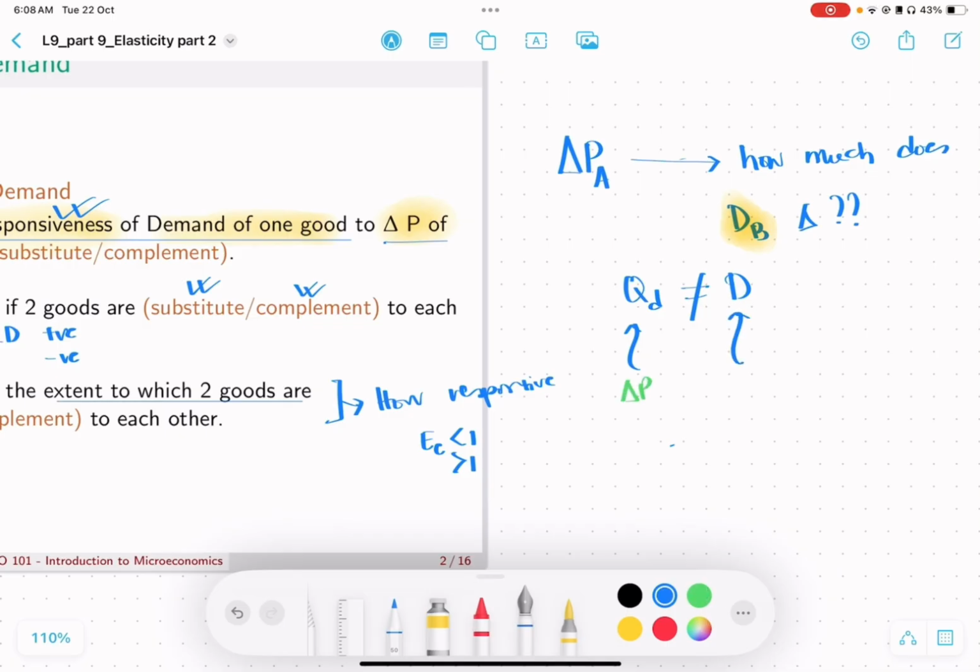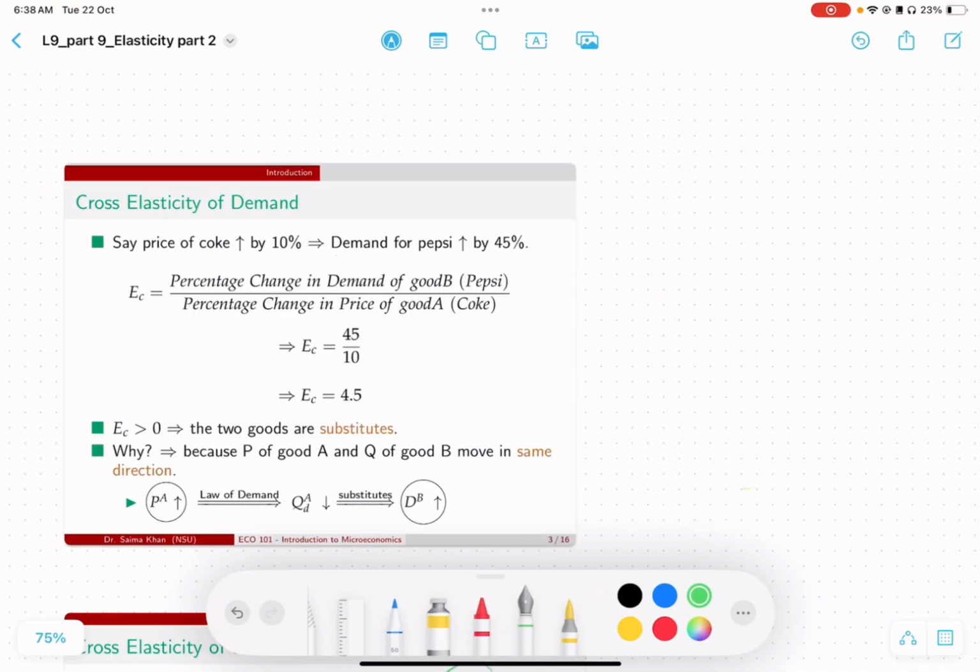Whereas demand, a change in demand means that it was caused by a change in some other shift factors. And in this case, the other shift factor is basically, so if I were to talk about good B, well, the change in the shift factor is change in price of good A, right? So moving forward, let's look at this example that we have here.